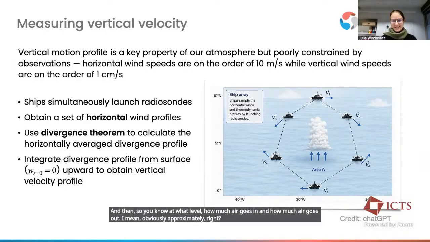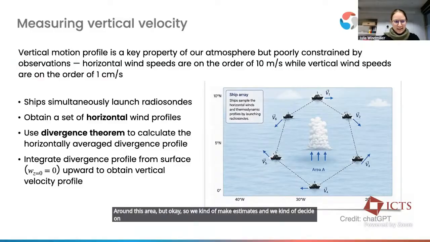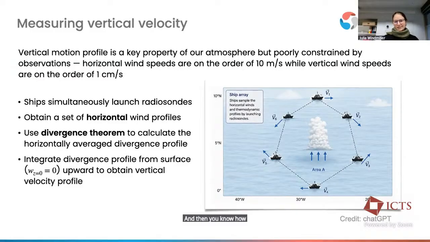Ideally, you would have a ship at every point, an infinite number of ships around this area, but we make estimates and decide on the minimum number of ships we need. Then you know how much air goes in and how much air goes out of your column at what height.